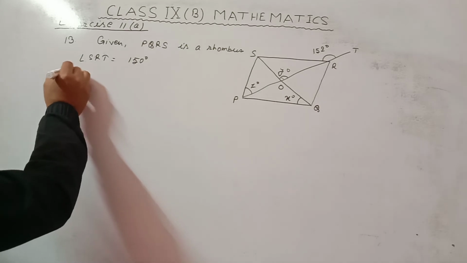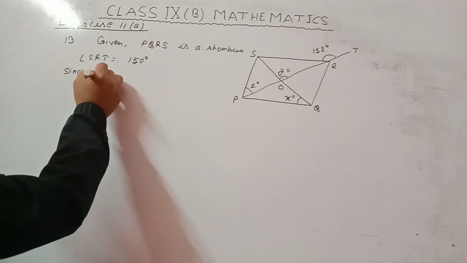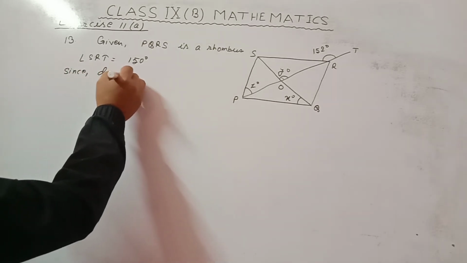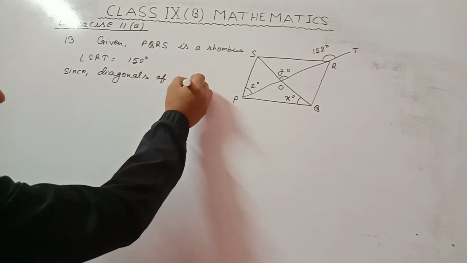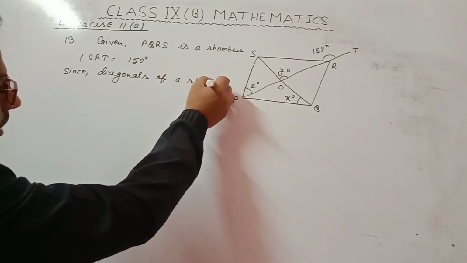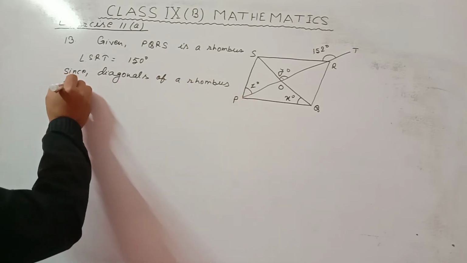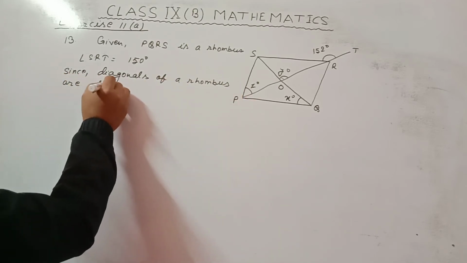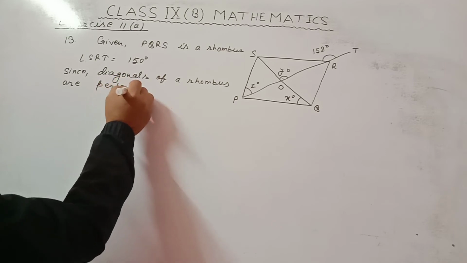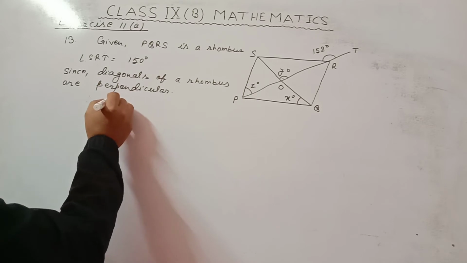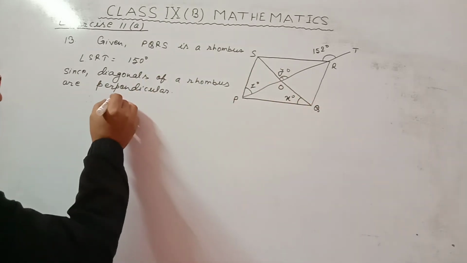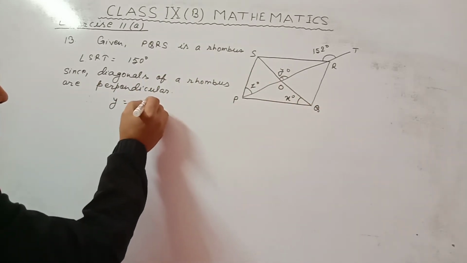We write, since diagonals of a rhombus are perpendicular, therefore this angle Y will be equal to 90 degree.